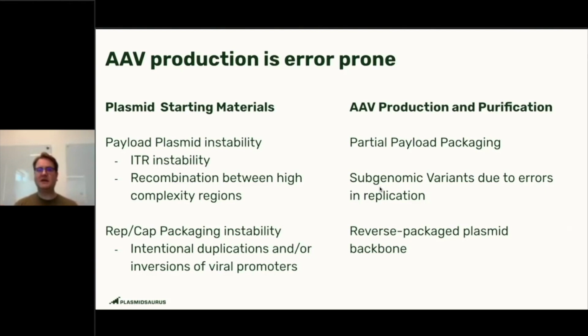Often we see this as snapback genomes, so the polymerase will switch strands and create a short hairpin sequence that not only replicates more efficiently, but also packages efficiently. And these contaminants can start taking over your AAV population. One also regularly sees what are called reverse or inverse packaged plasmid backbones. So the ITRs in the intended payload backbone actually package the bacterial resistance and origin of replication gene.